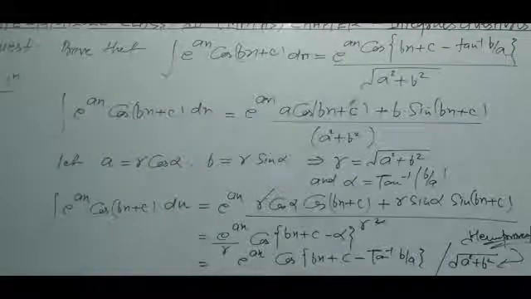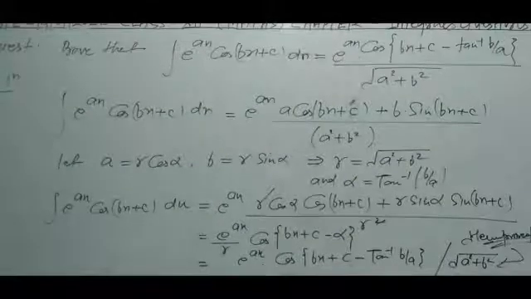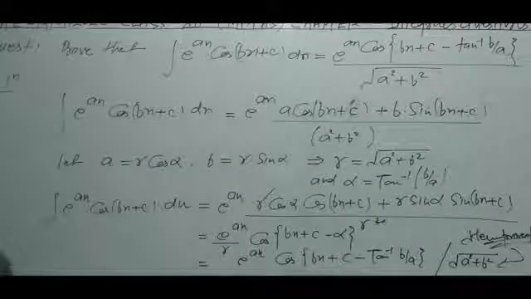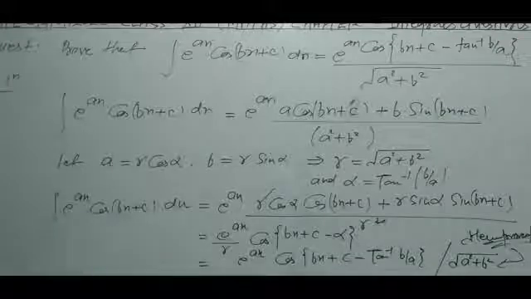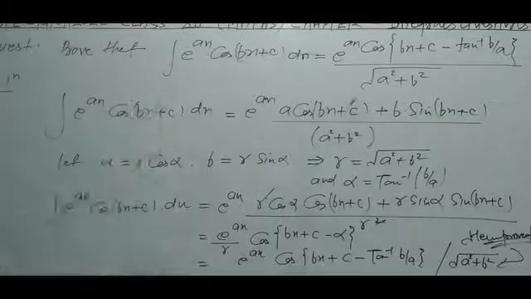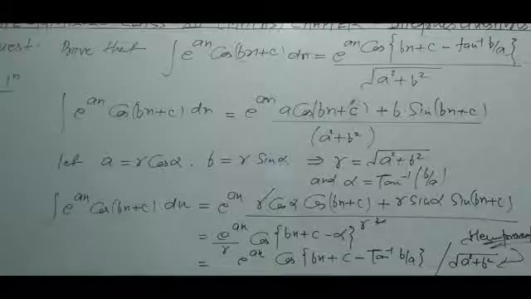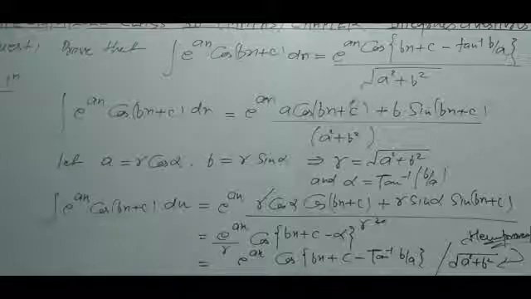Now this part is totally completed. In this question we have seen that we have to modify this integration result in terms of alpha, where alpha is tan inverse b by a.